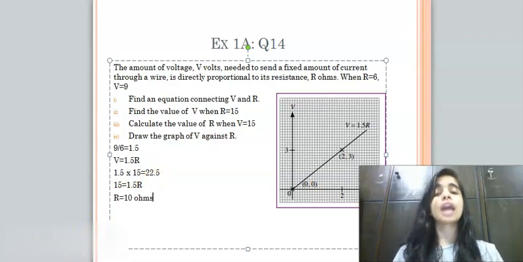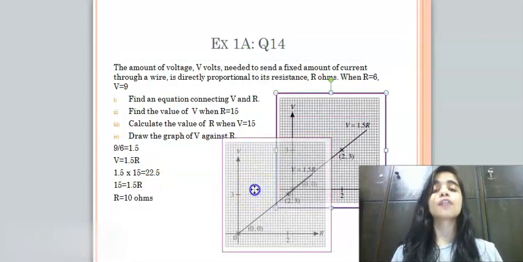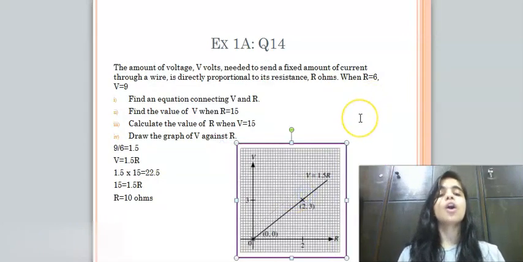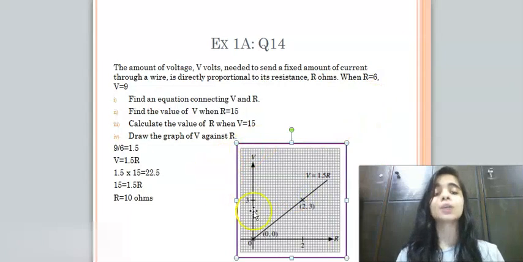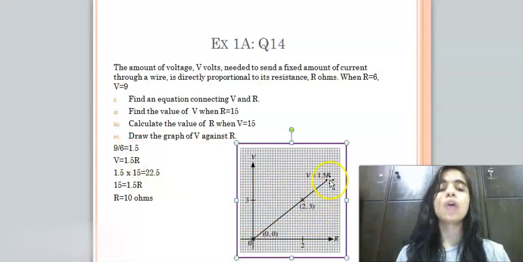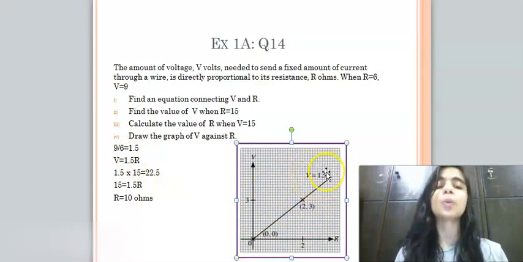Alright? And the last part says, draw the graph of V against R. So we have this graph over here already drawn. Again, I took the value 0 for R. I placed it in this equation. Okay? And I got the value for V as 0. The second value I took was 2. I placed it in this equation, and 2 multiplied by 1.5 will give me 3.